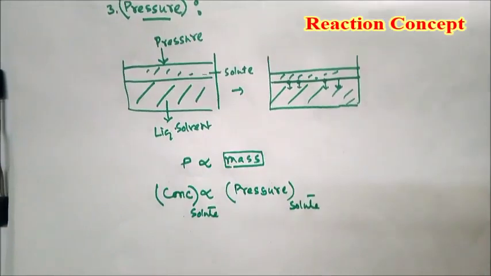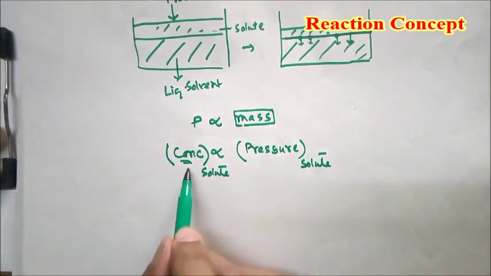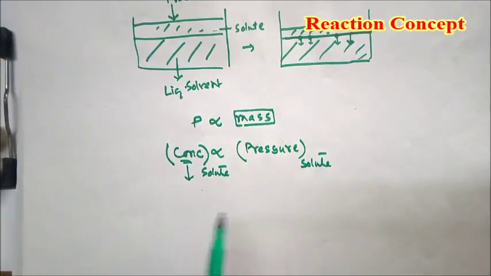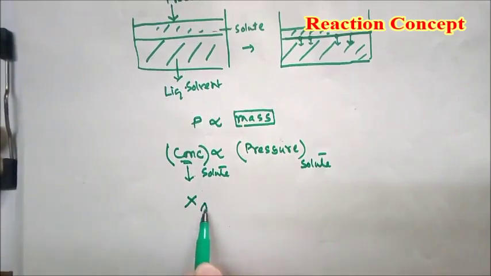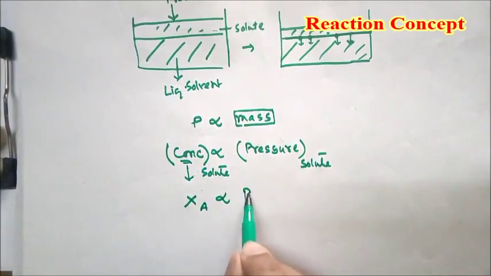So this concentration can be expressed in terms of solubility, and there are different concentration terms. If we take mole fraction of the solute, suppose A, in the solution, this will be directly proportional to the pressure of the solute.